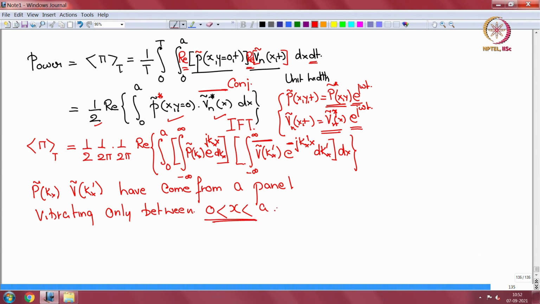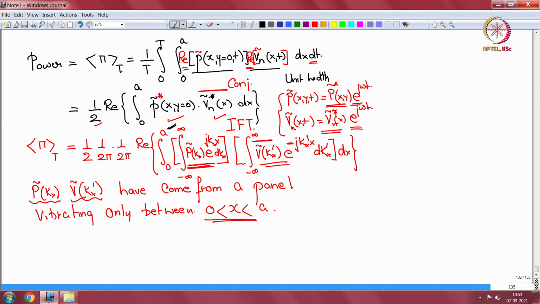The form of V tilde kx and the corresponding P tilde kx comes up only because the panel vibrates between 0 and a. So these inverse Fourier transforms will lead to those pressures which correspond to a panel vibrating between 0 and a and no vibration outside. Therefore, I can safely change this limit to minus infinity to plus infinity.